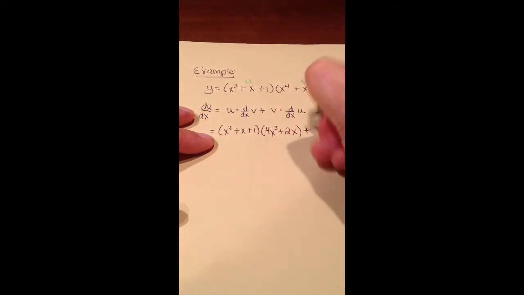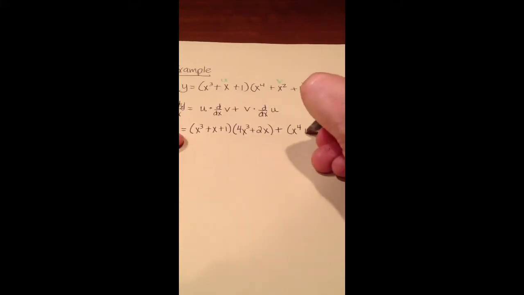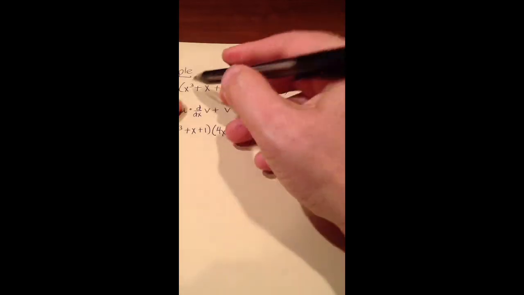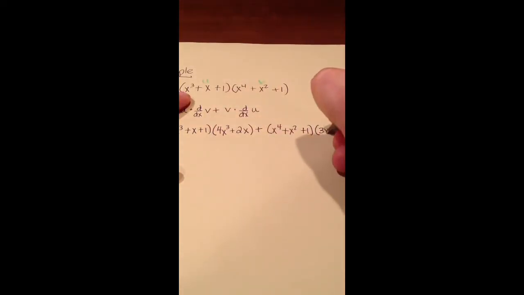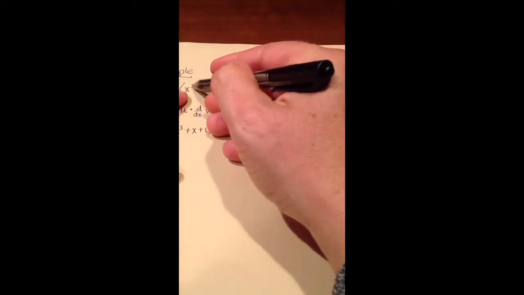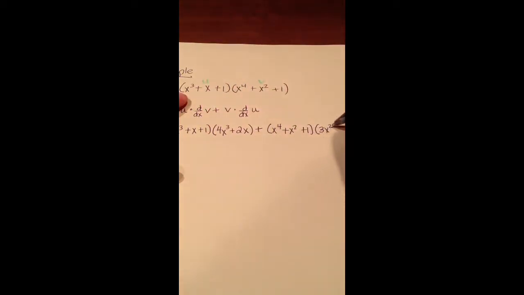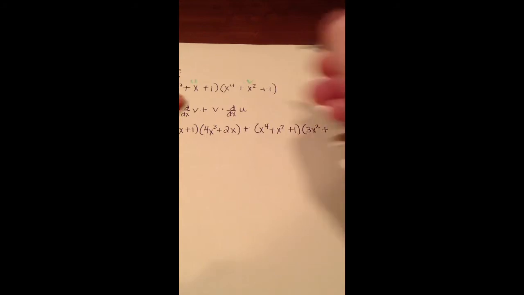Now I'm going to add v, which is x to the fourth plus x squared plus 1, and then I've got to take the derivative of u. The derivative of u is going to be 3x to the second, bring down the 3, subtract 1 from the exponent, plus the derivative of x to the 1, which is just 1, and the derivative of 1 is 0.